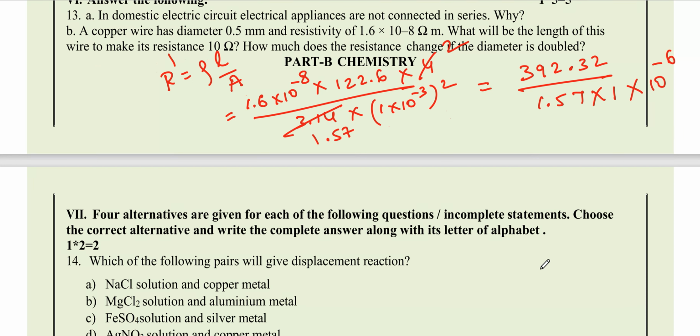If this 10 power minus 6 goes up, it becomes 10 power plus 6. What is 392.32 divided by 1.57? You are getting 249.88 something, right? Check once again.